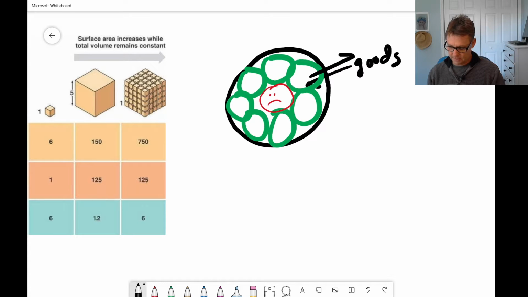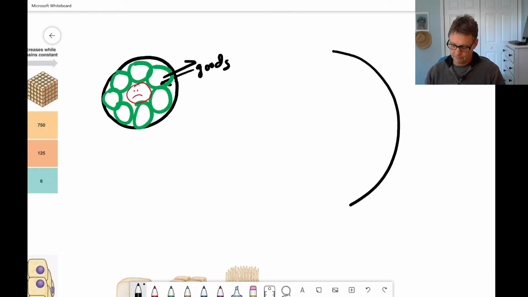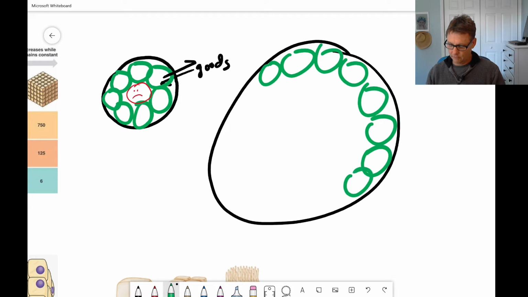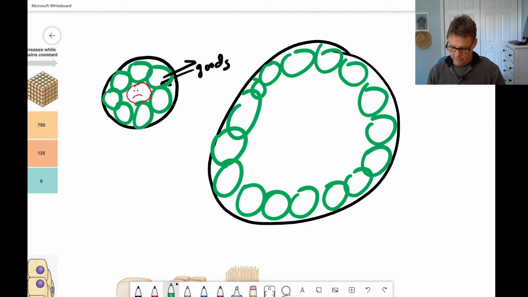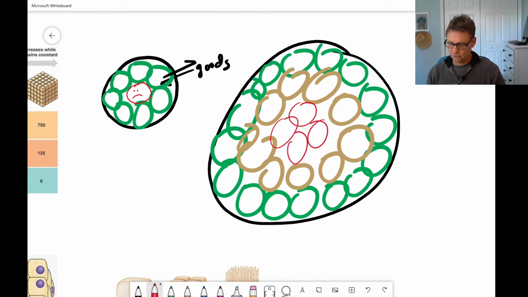And the bigger this cell gets, so if you get bigger and bigger and bigger, you could imagine that then you might have several layers of these. So the outside ones are all getting great exchange, and then the inside ones maybe don't get everything they need, and then the real internal ones might be stressed.